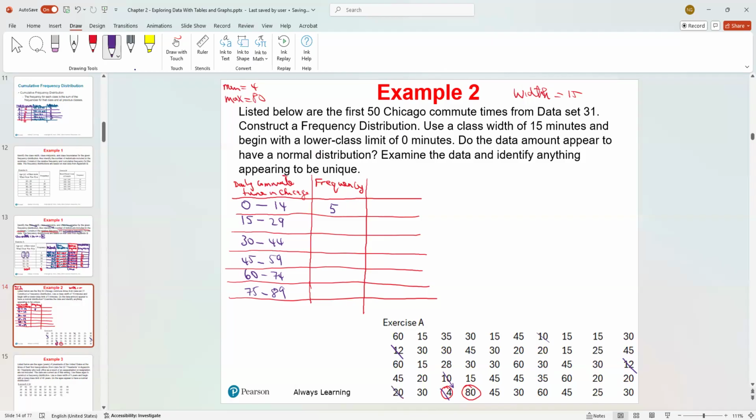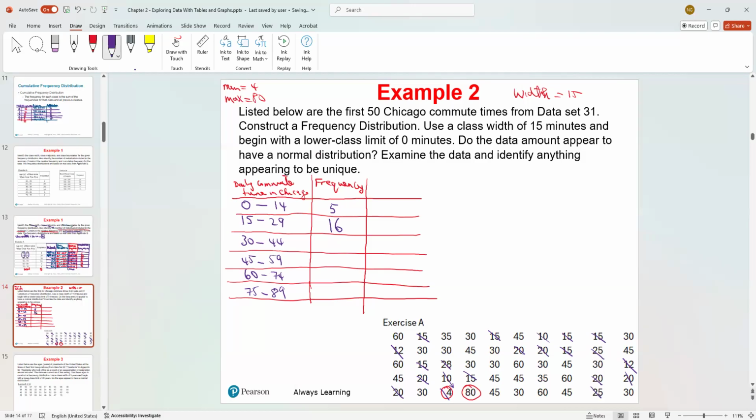Remember, this is one, two, three, four, five, six, seven, eight, nine, 10, 11, 12, 13, 14, 15, 16. So you see this is 16 here, which is good.